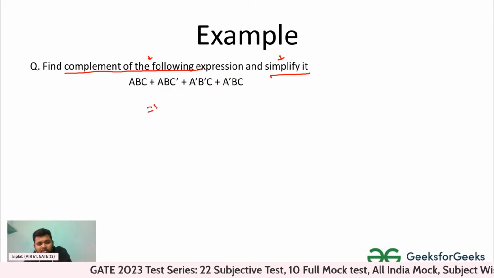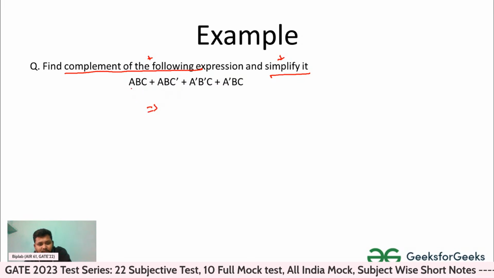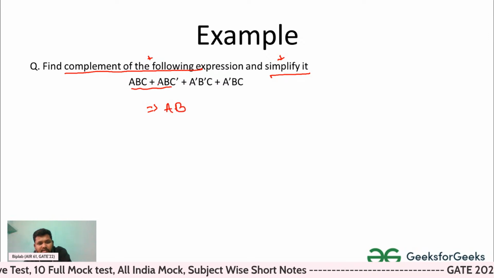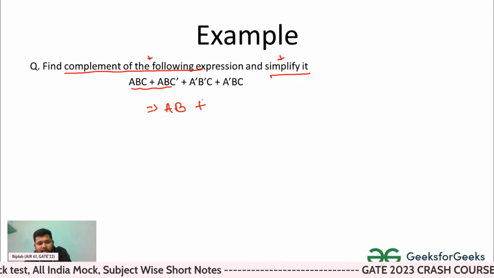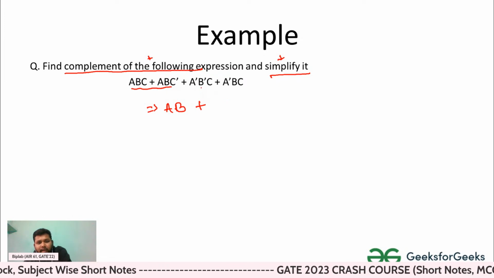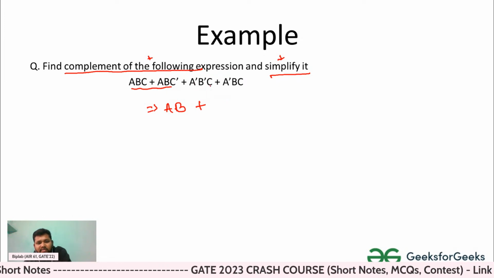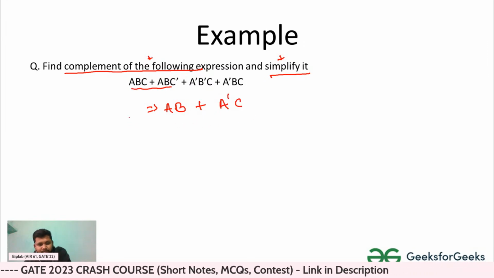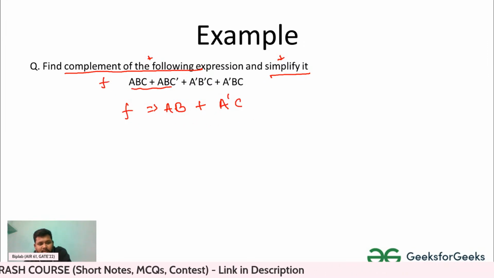So first let's simplify. Take AB as common. So AB, C plus C bar is 1, so you can directly eliminate that. And here you have A bar and C as common. This is F, which was given.